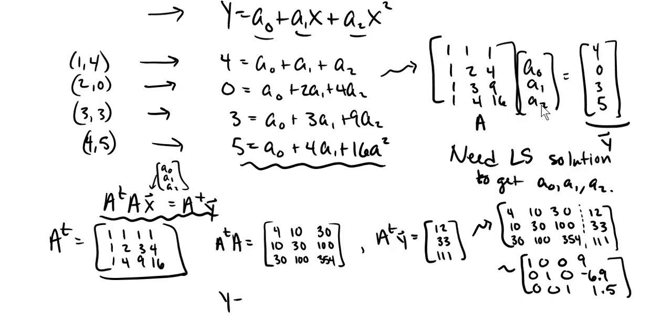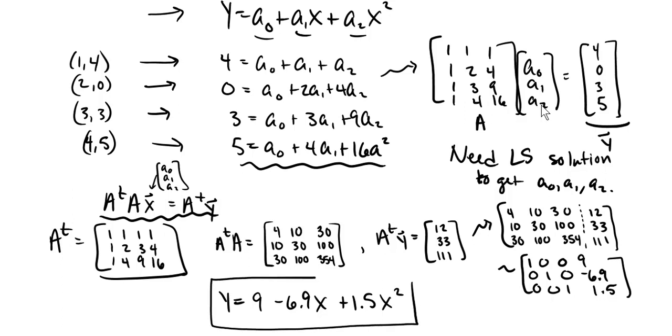So we have our least squares parabola. a naught is 9, a1 is x, a2 is x squared. And there you have it. So these least squares curve problems end up just amounting to finding least squares solutions to typically inconsistent systems.